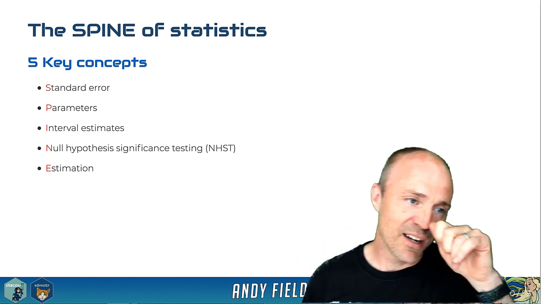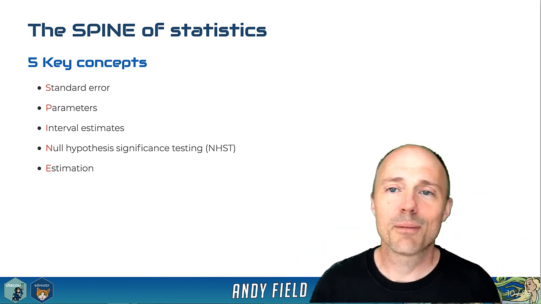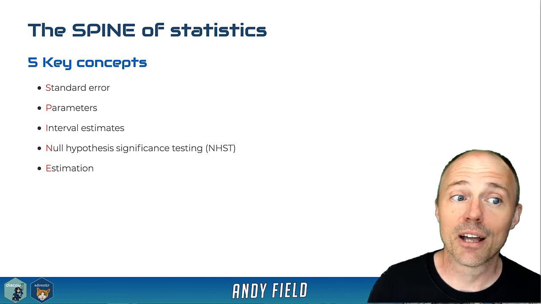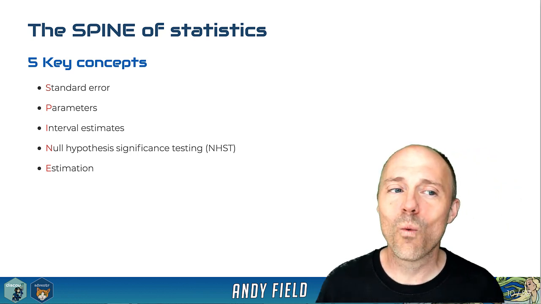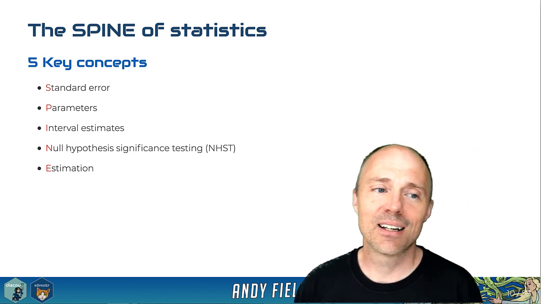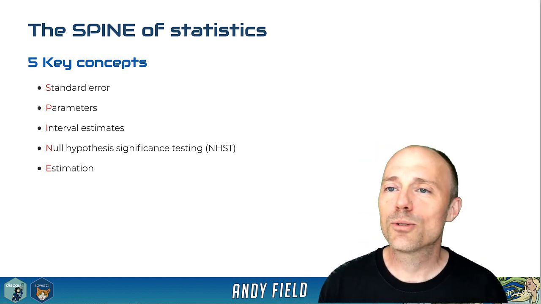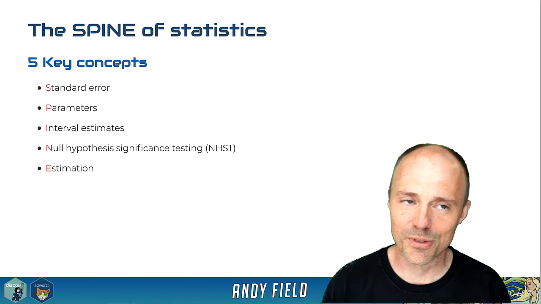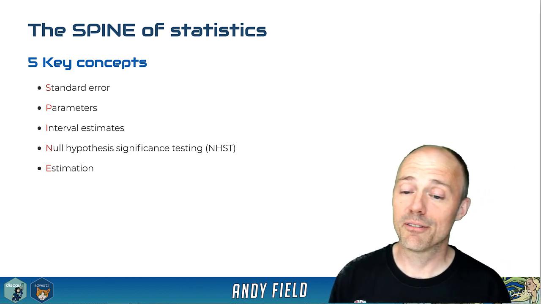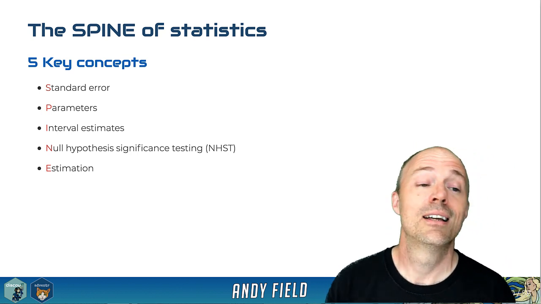Now within that framework, there are, I think, 5 key concepts, which if you understand these 5 concepts, then I think you've gone a long way to understanding what's known as frequentist statistics. So you've gone a long way to understanding the type of statistical models that psychologists typically fit. Actually, not just psychologists.